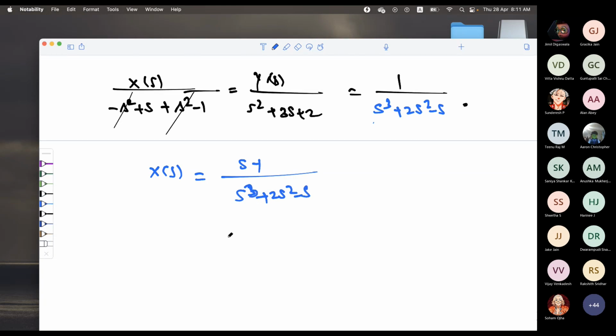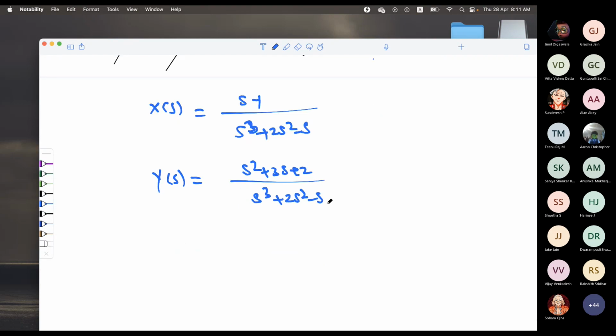Is it clear? Yes, sir. y of s means s square plus 3s plus 2 divided by s cube plus 2s square minus s. So what will be the partial fractions here? The root of this one, s cube plus 2s square minus s. Can you give me the equations?